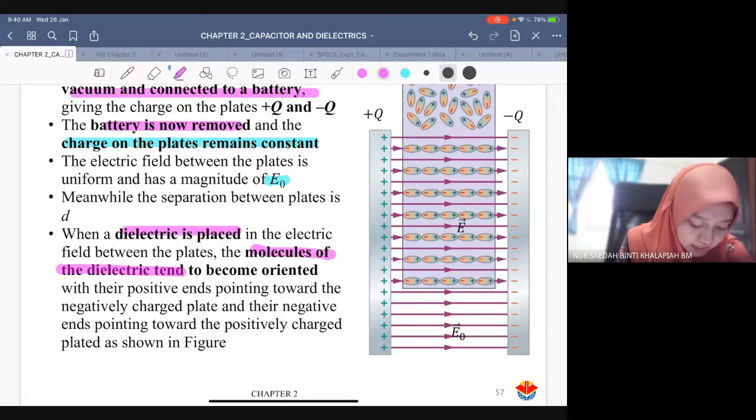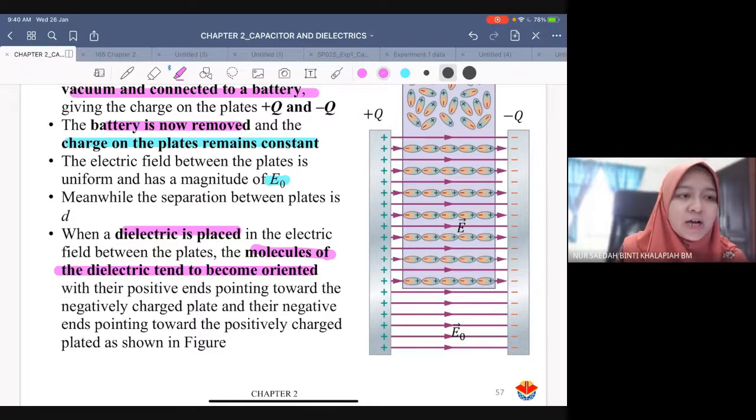Molecules of the dielectrics tend to become oriented. You learn this from chemistry by the way. Kita punya object, all the materials has molecules dalam ni. Walaupun dia adalah insulator menunjukkan dia cuma tak ada free electrons. Apa beza insulator dan conductor?